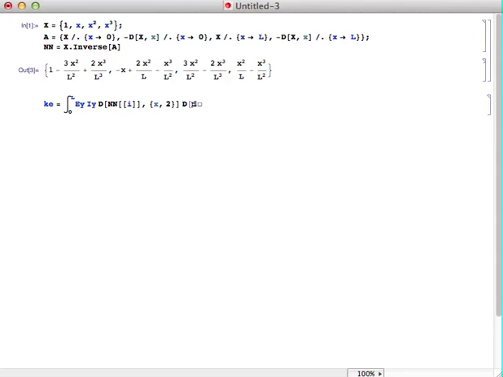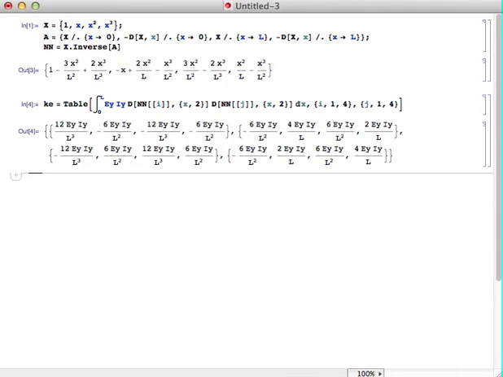The stiffness matrix is exactly the same. You guys have seen me do this before. So there's the stiffness matrix. It's exactly what it was before. So we could have just written it down.